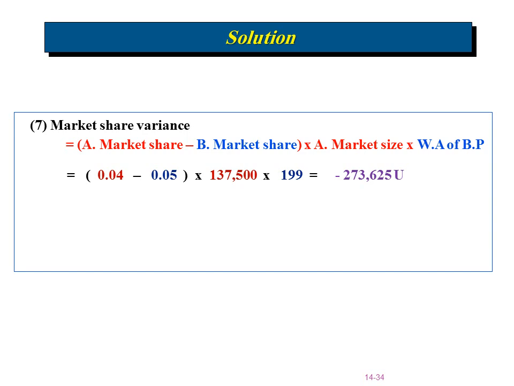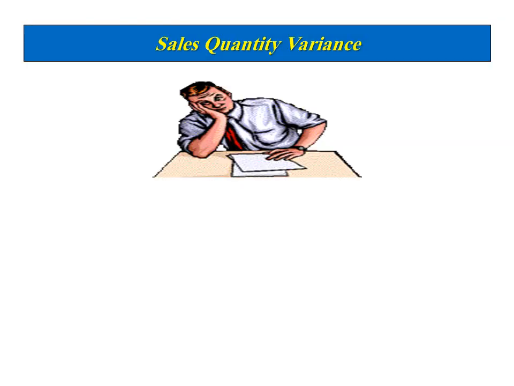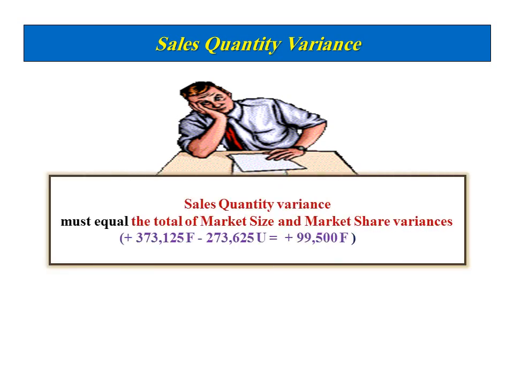Don't forget, in the fourth level, here I speak about sales quantity variance, which will be divided into two kinds of variances. So the market size and the market share variances must equal the quantity variance.